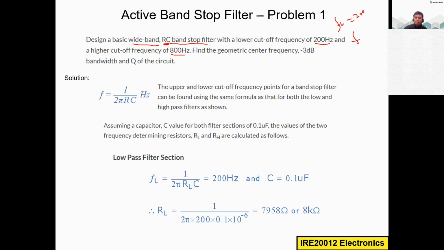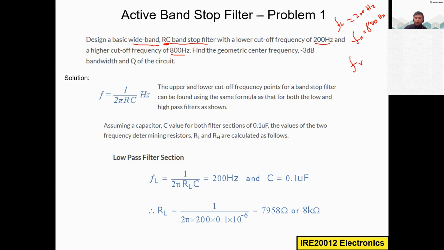and FH is equal to 800. The unit is just hertz. Find the geometric center frequency, that is the resonant frequency FR, the minus 3 dB bandwidth, and Q of the circuit.